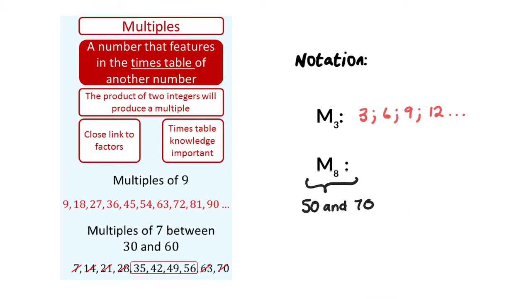You would know that the multiple of 8 closest to 50 is 48, and then the next one after that would be 56. Add 8 on, that would give me 64. And our next one would be 72, which is outside of 70, meaning that the multiples of 8 between 50 and 70 are only 56 and 64.